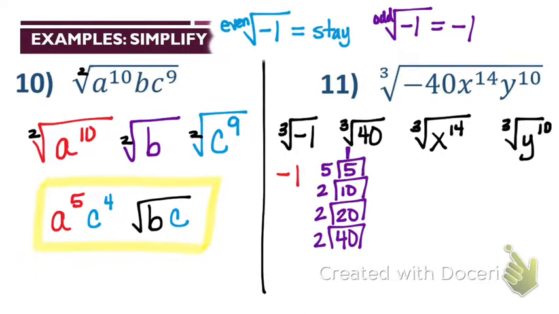So I do have a group of 3. I have a group of 3 2s, so that can come out. So right now I have a -1 that was able to break out, and I have a +2 that I could break out. Underneath the radical, so far I have a 5. So that 5 has to stay.